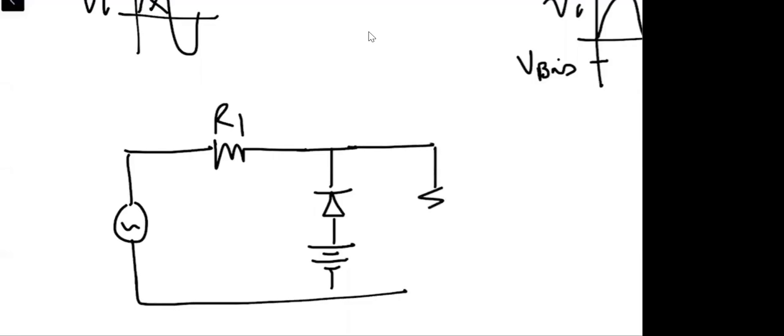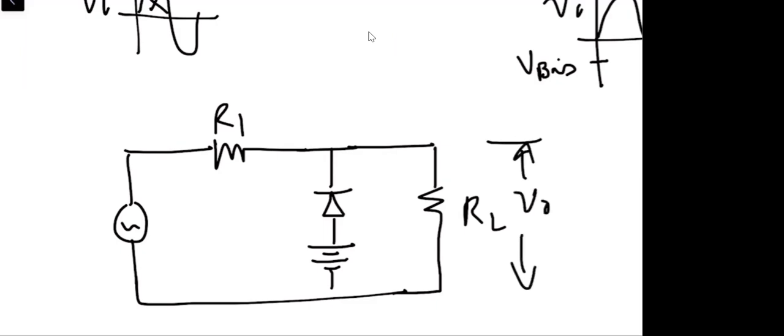And as usual, we have RL, and we are taking the output across RL. We are providing Vi, and this is our V bias. And again, we will consider point A.